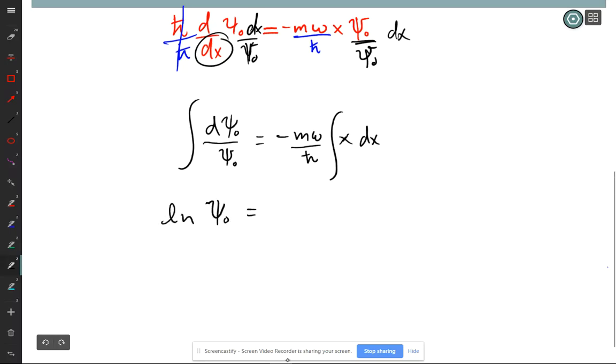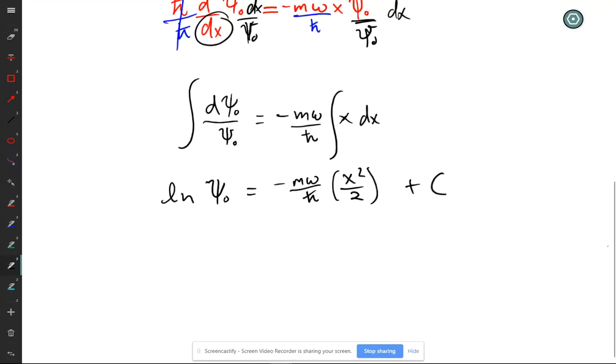And what's the integral of x dx? And then I have to put a plus constant. It's part of what I never do in life.